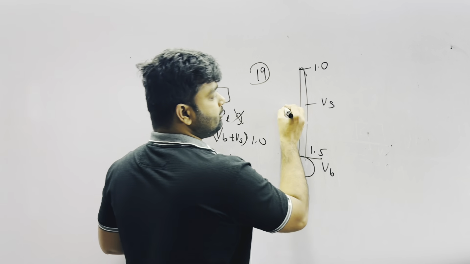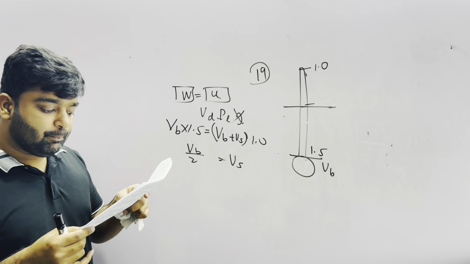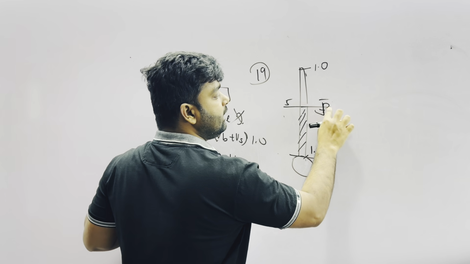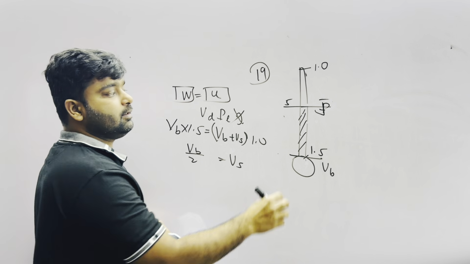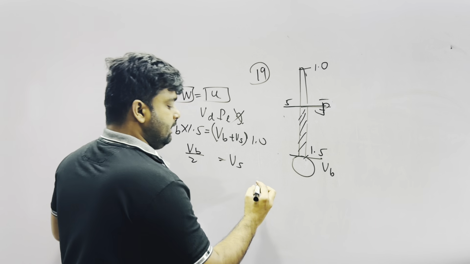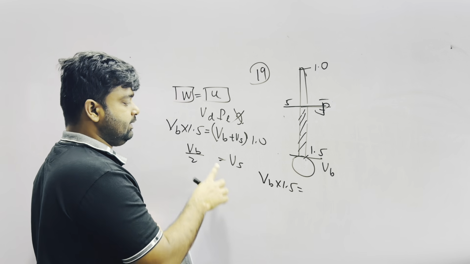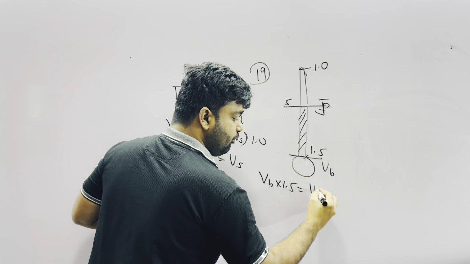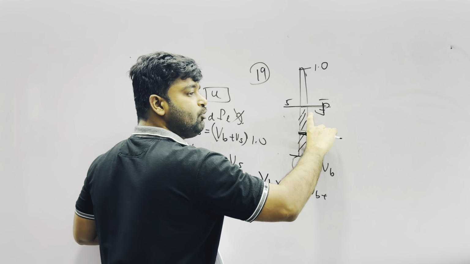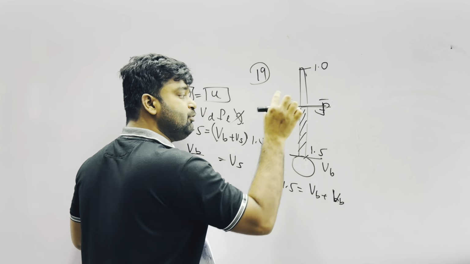The question is the density at the middle. In a liquid of density rho bar, it shows level 5. Vb into 1.5 is equal to now Vb plus half of the volume of stem. The volume of stem is Vb by 2. It's half of the volume of stem.